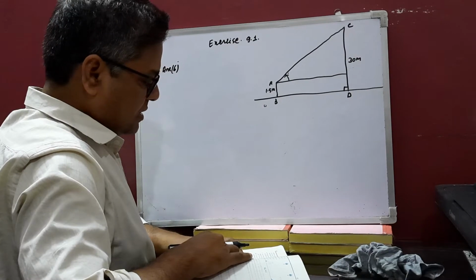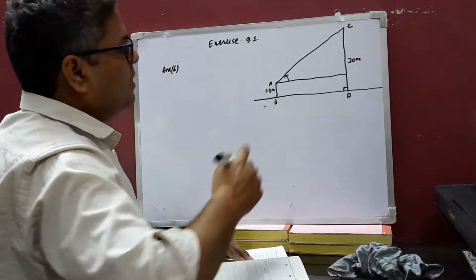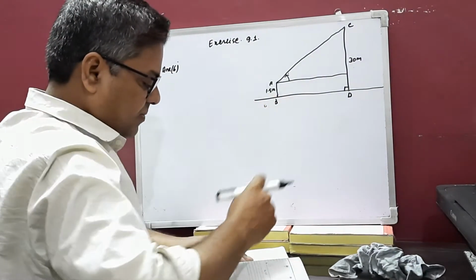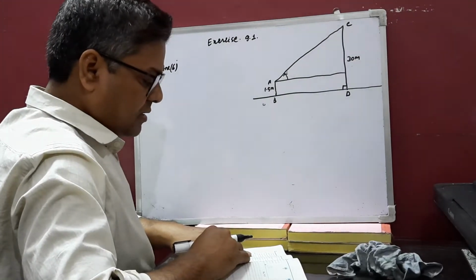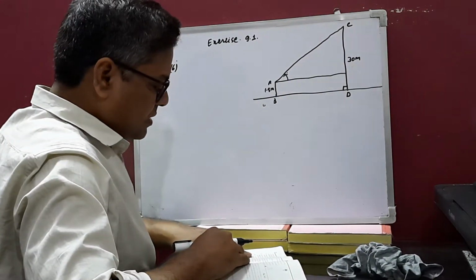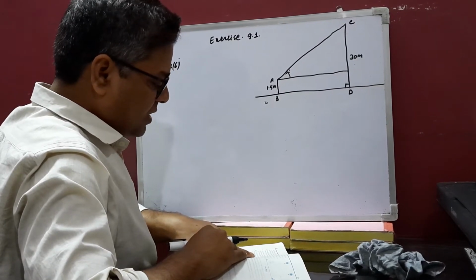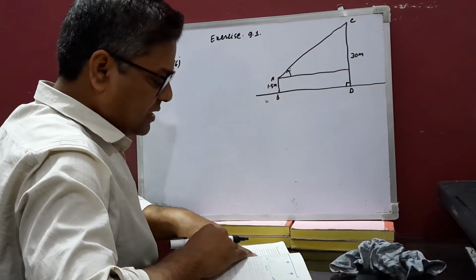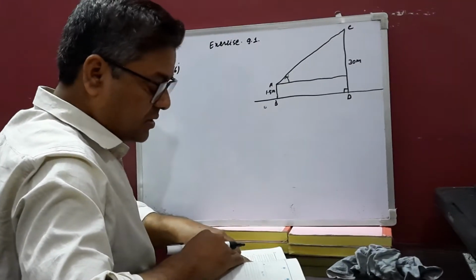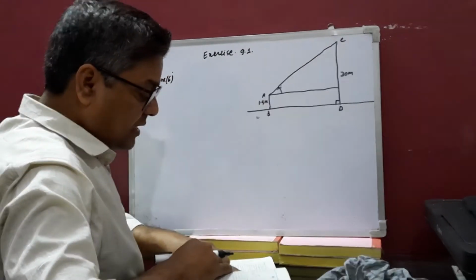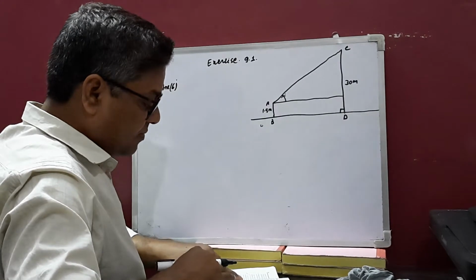Now he is moving towards the building. The angle of elevation from the eyes to the top of the building increases from 30 degree to 60 degree as he walks towards the building.